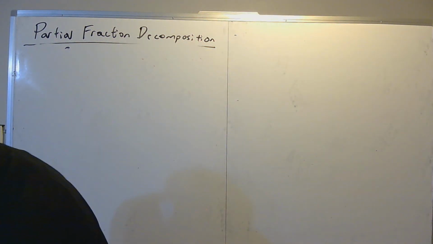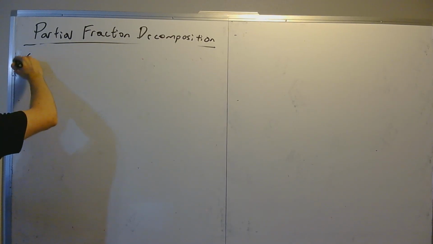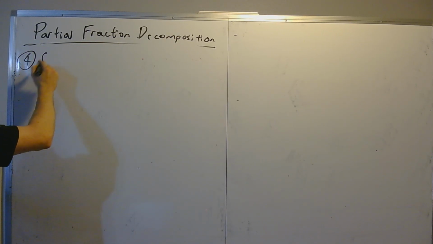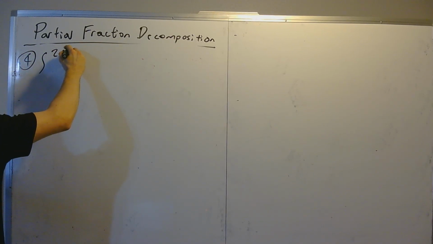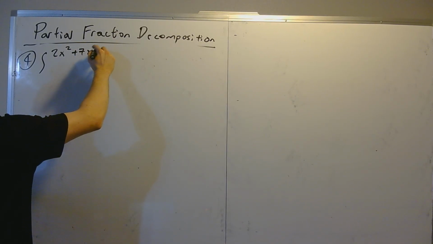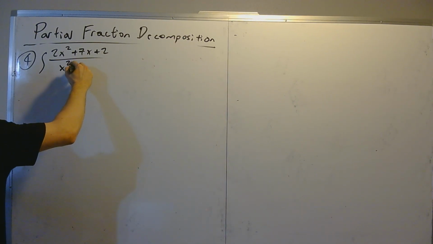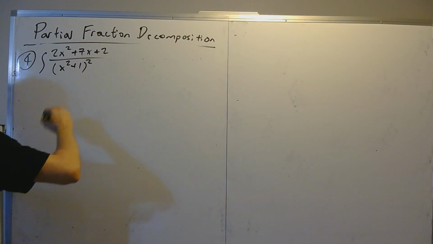Okay. Example number 4. We're going to have the integral of 2x squared plus 7x plus 2 over x squared plus 1 squared dx.